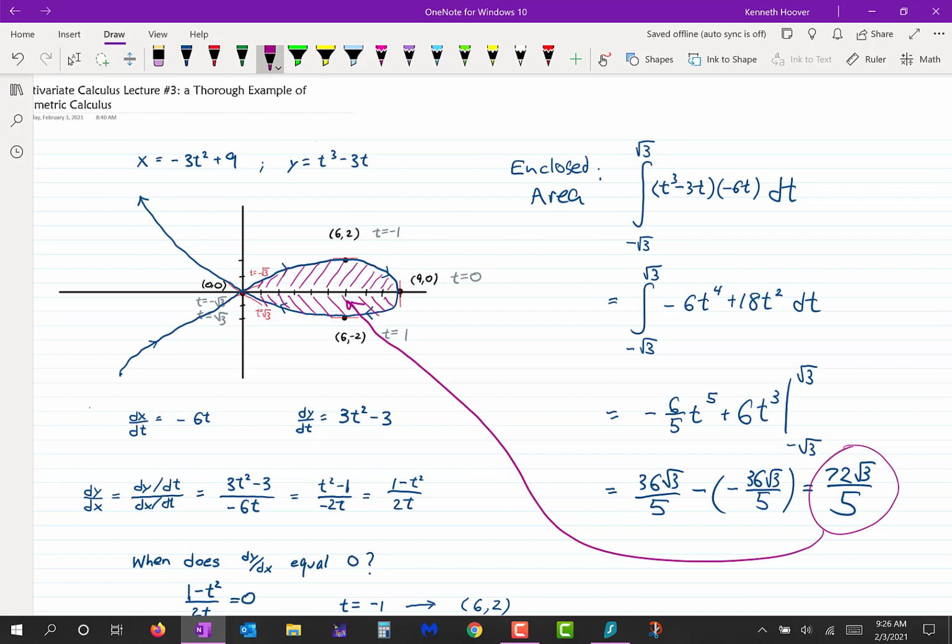Same size, one positive and one negative, wouldn't you have expected an area of 0? But we didn't. Isn't that weird? Why not? Well, let me show you why. It's a very simple explanation, and this is really interesting.